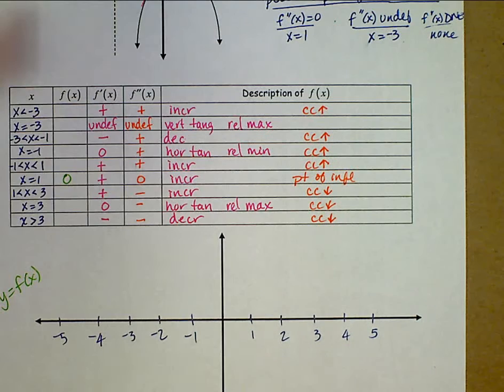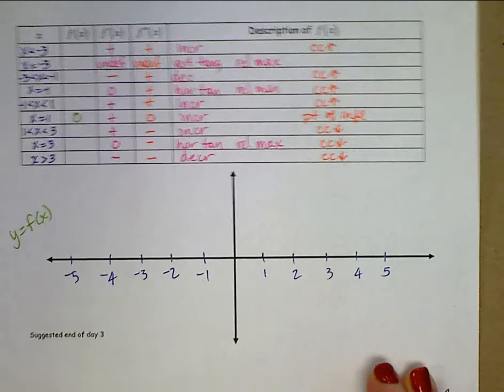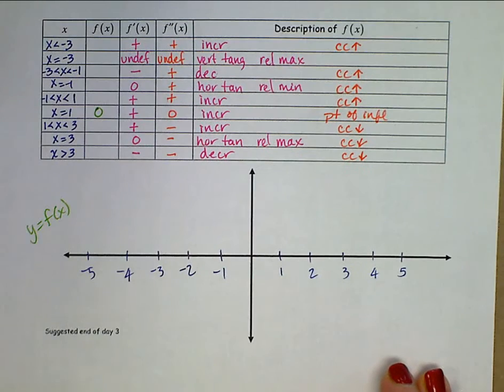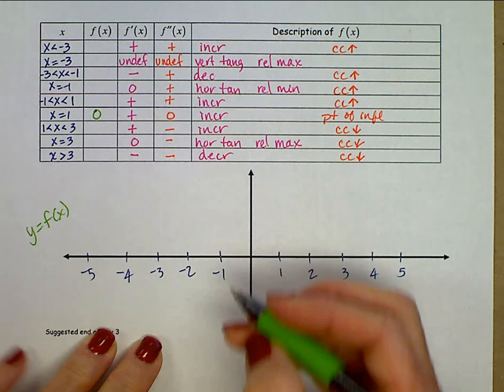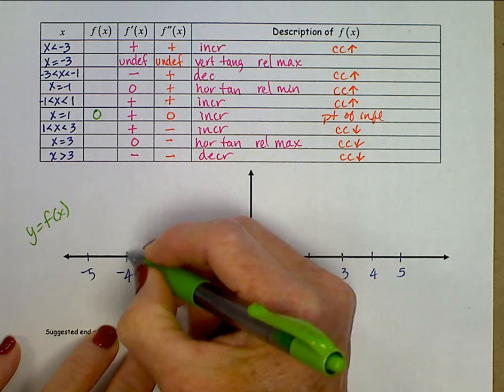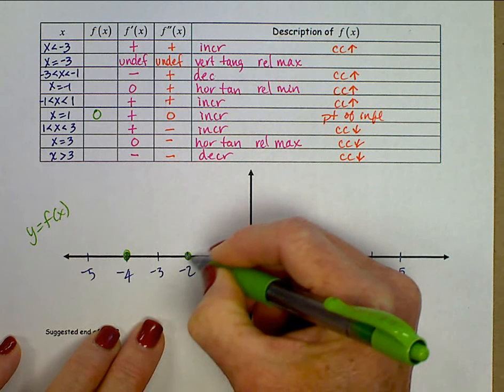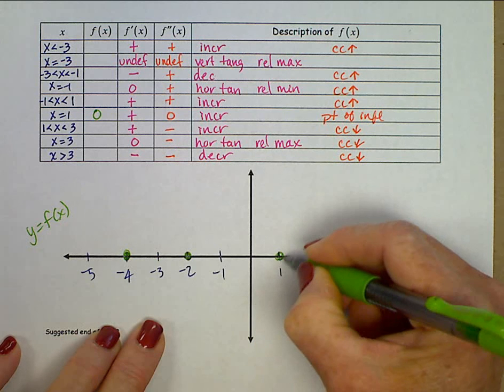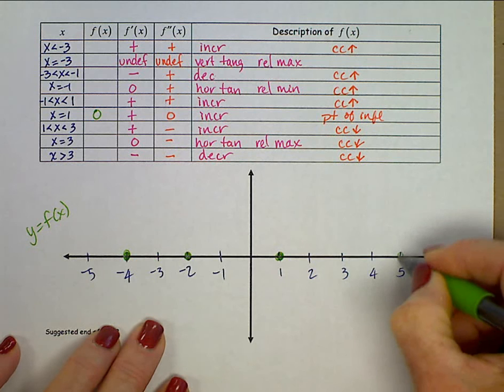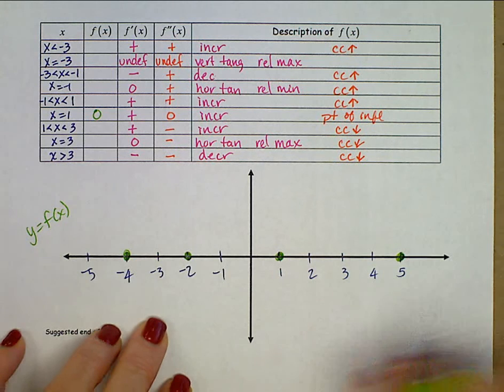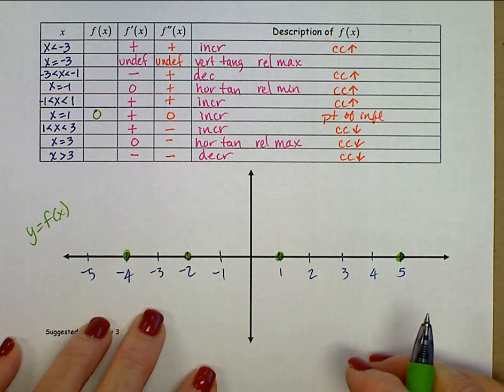All right, let's go ahead and sketch this graph. We know we have zeros at negative 4, negative 2, 1, and 5. Have to hit the x-axis at those points, but nowhere else.